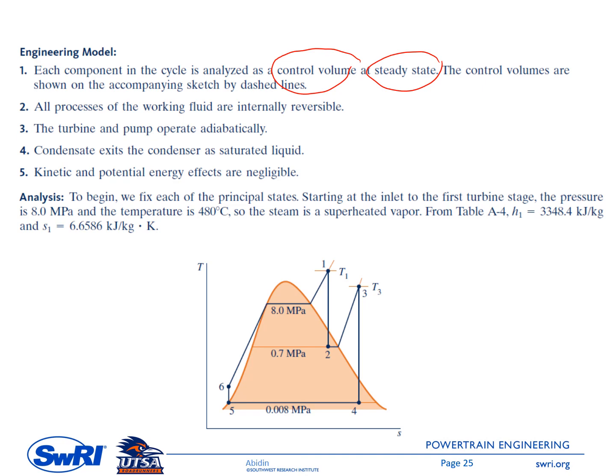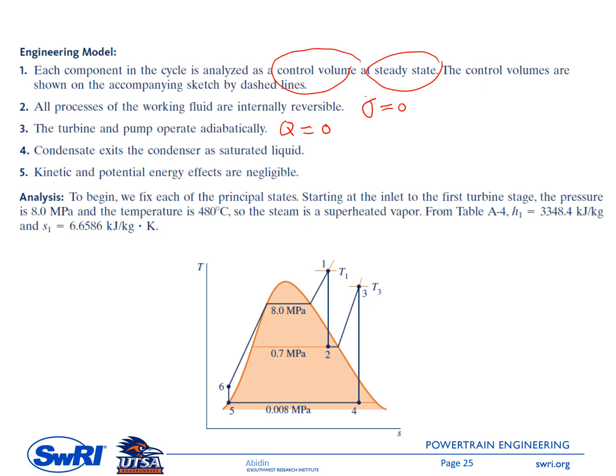So it means there is no entropy production. In chapter 6, the entropy production is represented by sigma, so sigma equals 0. Number 3, the turbine and pump operate adiabatically, so it means there is no heat transfer in these two components, turbine and pump.